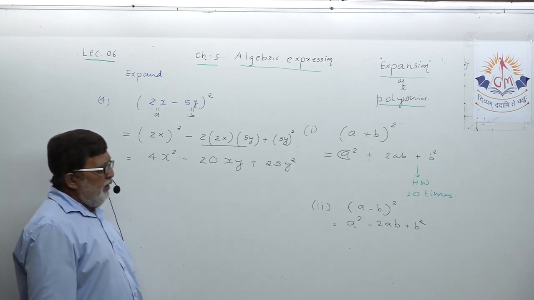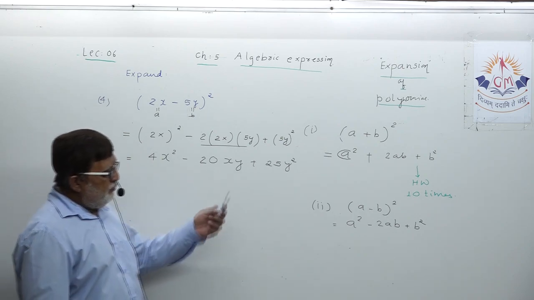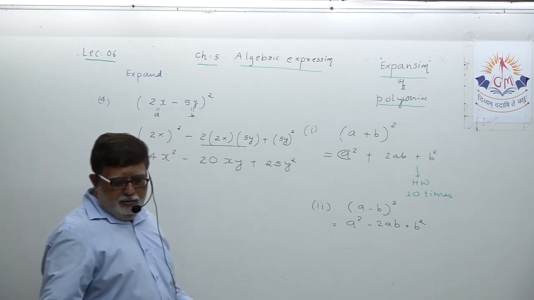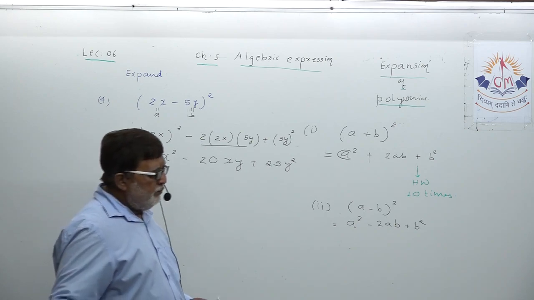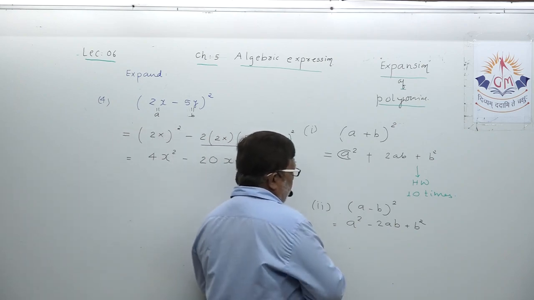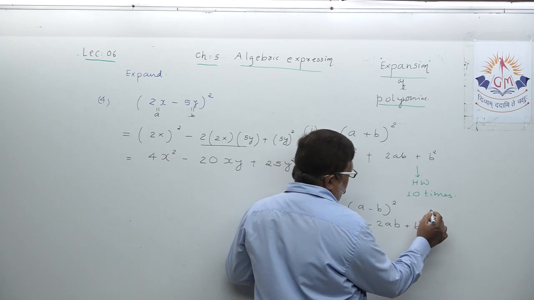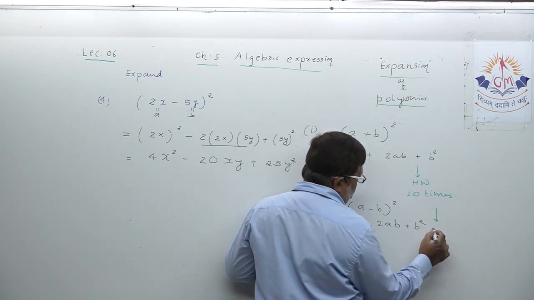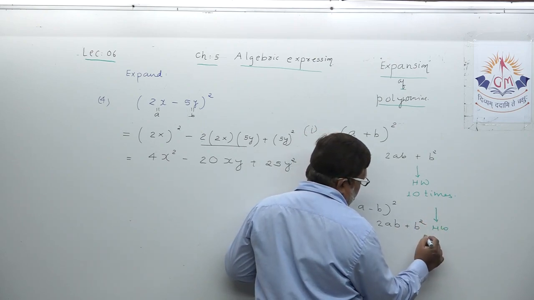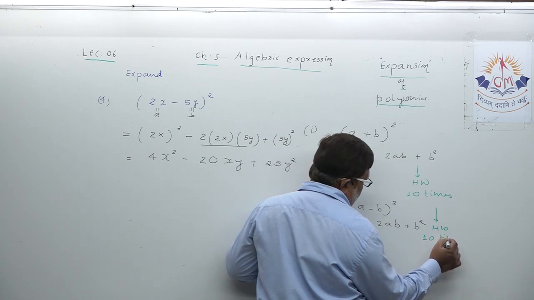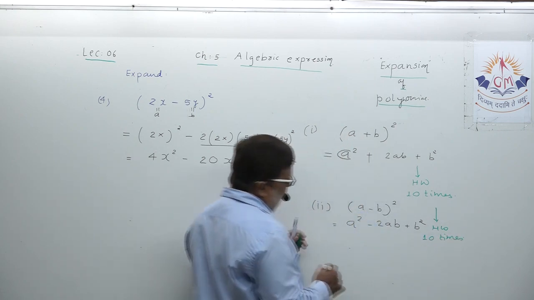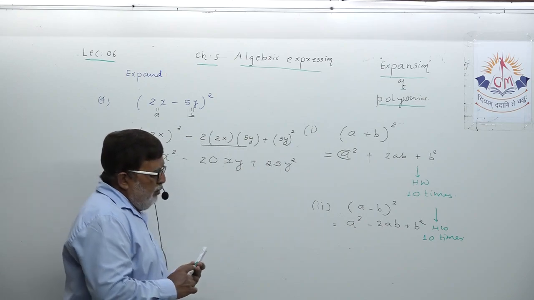A square minus 2ab plus b square, both formulas are looking similar. It's just a question of sign change. Again the homework for this identity also, you have to write it 10 times. And you have to remember both the identities.